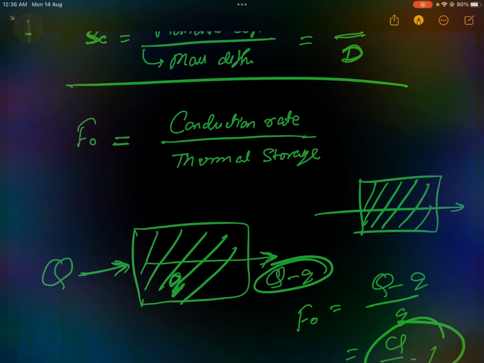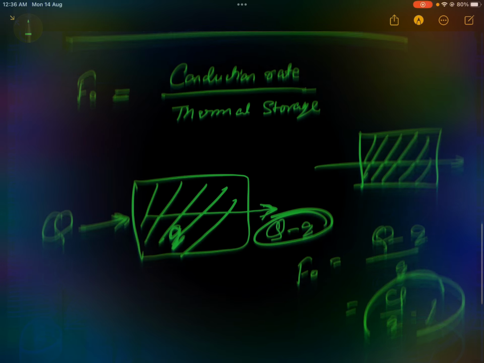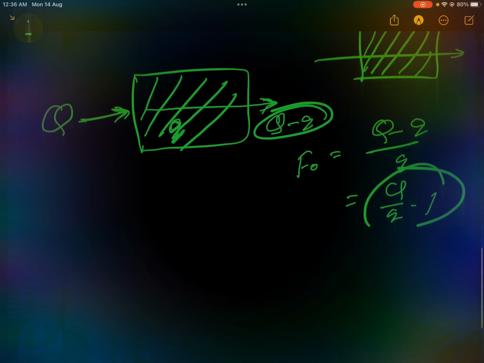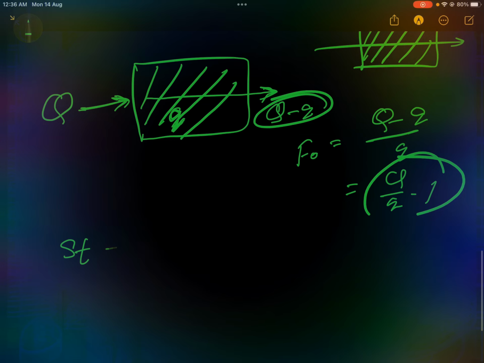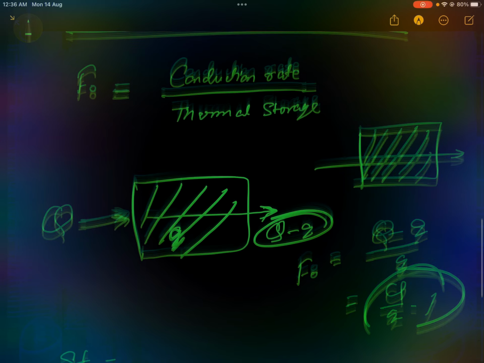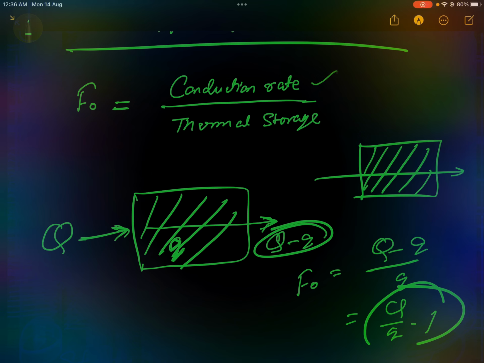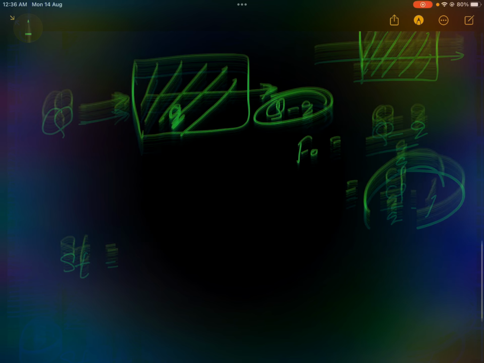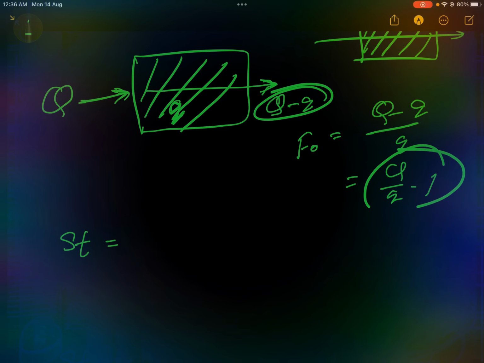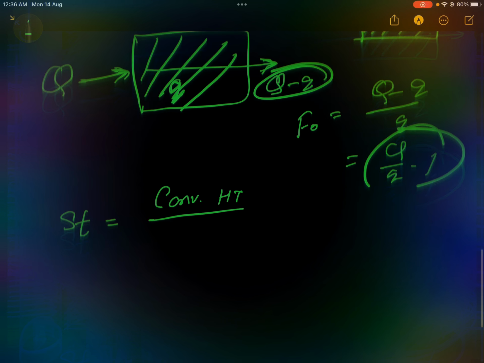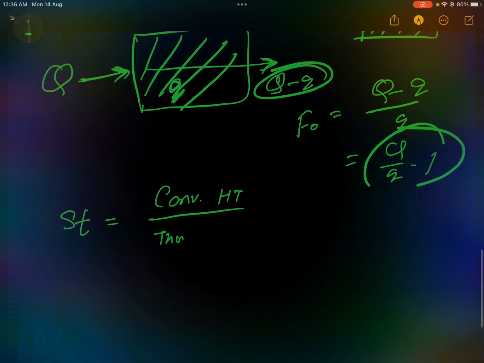Fine. So the next number that is somewhat related to it is called the Stanton number. Like the Fourier number shows the relation between the conduction rate and the thermal storage, the Stanton number shows the convection heat transfer rate to the thermal energy content.